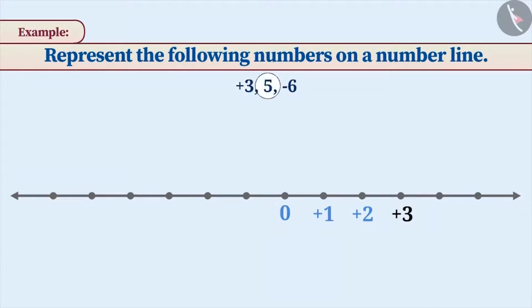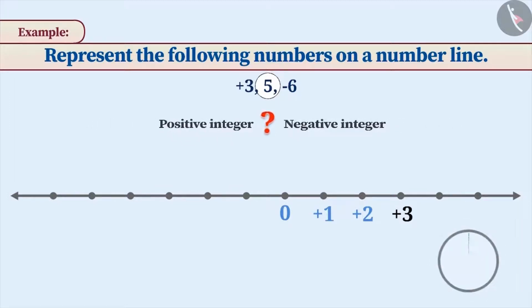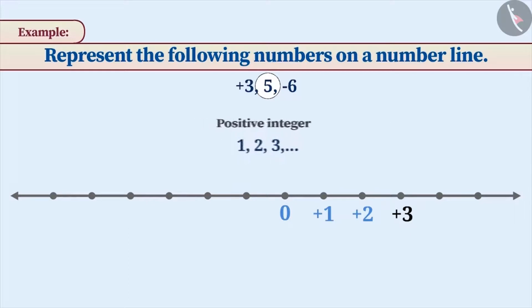The next number is 5. Can you tell whether this is a positive integer or a negative integer? Any guesses? Well, a number without a sign is always a positive number. Therefore, 5 is plus 5.